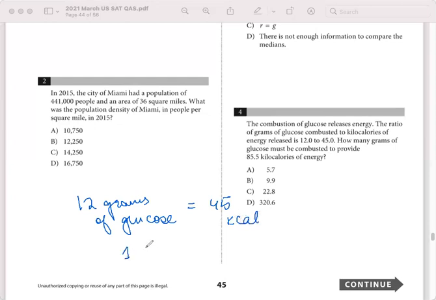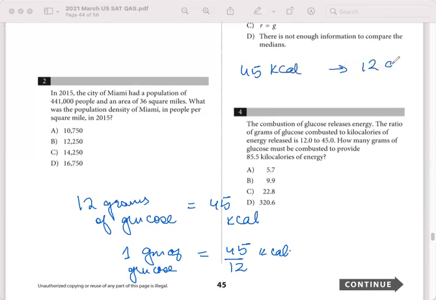So 1 gram of glucose would release 45 by 12 kilocalories. Or the other way to say that is that 45 kilocalories are released with 12 grams of glucose.